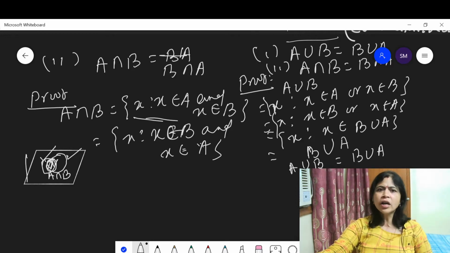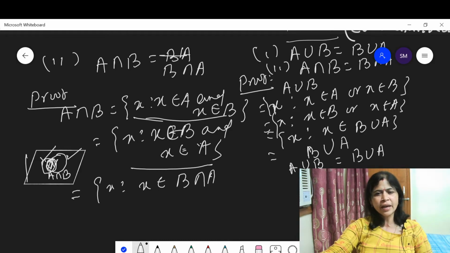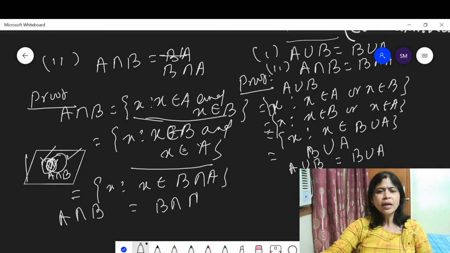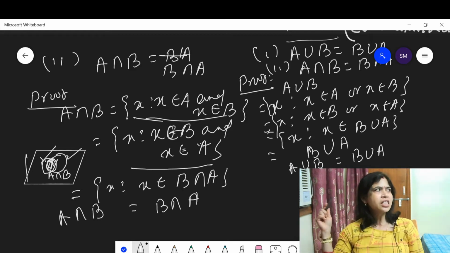Nothing is wrong in the first statement and the second statement. This means x belongs to B intersection A. This proves that A intersection B is equal to B intersection A. This means intersection and union satisfy the commutative property.